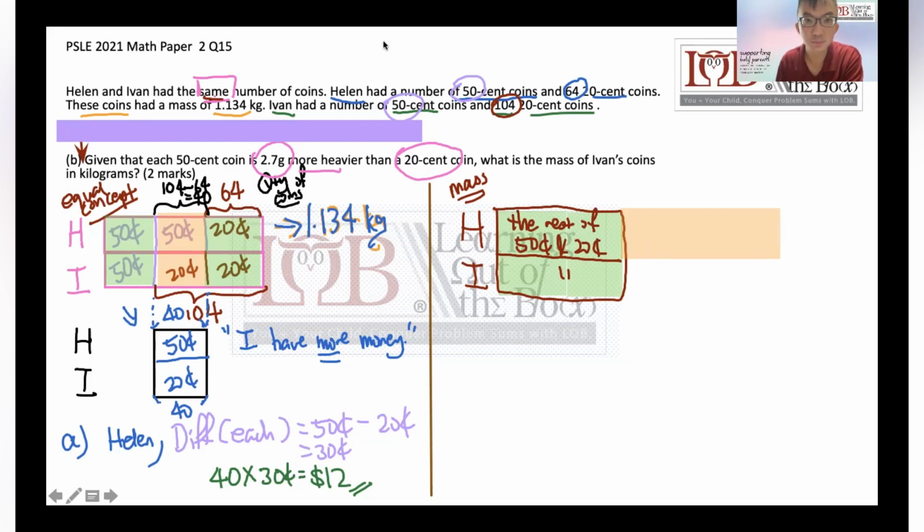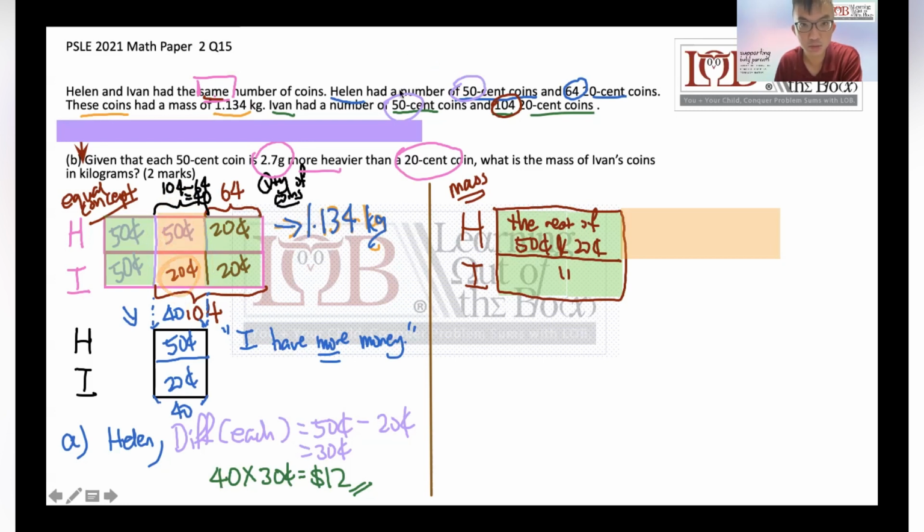So looking at this part, same number of coins, same mass. Won't you agree? So you just draw two equal boxes. Now in this case, same number, but different coins. So the top one will naturally be longer, am I right, than the short one.